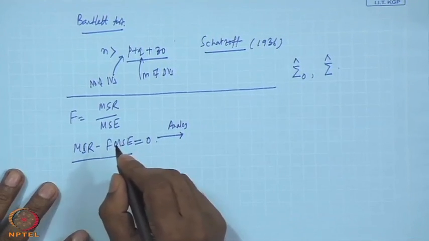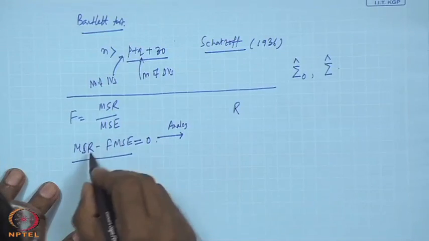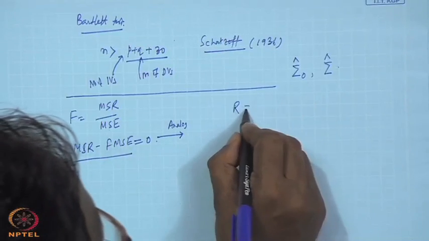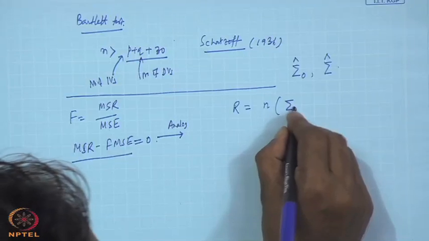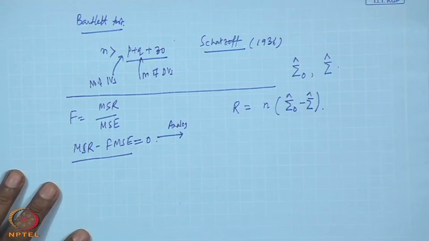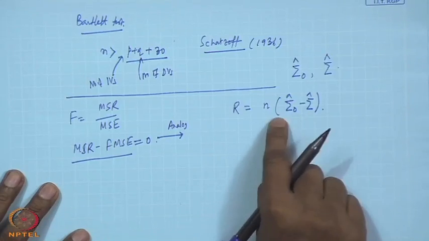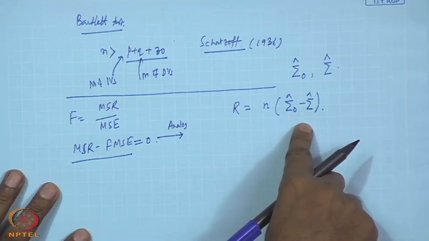Now, you can create one statistic which is basically R, similar to R because of this regression. That means you can create it like this, R equal to this. What is this? This difference shows how much the m variables you are dropping are contributing.